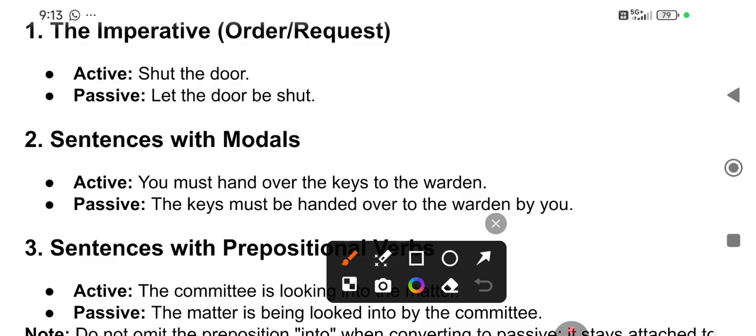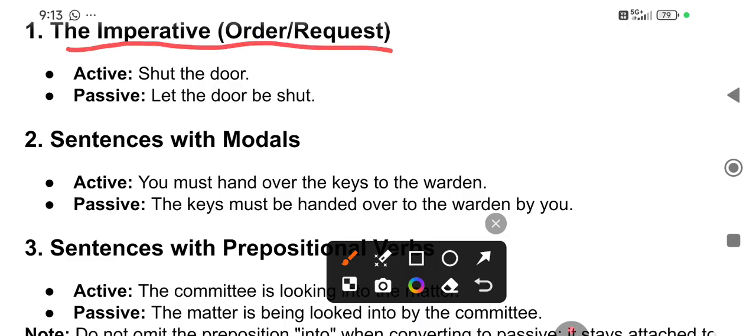Imperative sentences are very important for active voice, passive voice, and direct, indirect, because in these types of sentences the rules are different. Normal rules don't apply. So what is an imperative sentence?